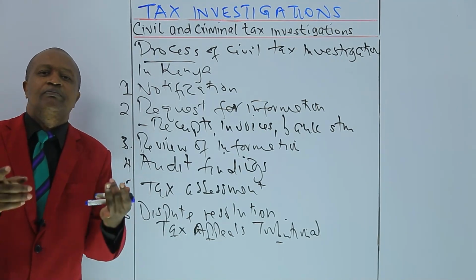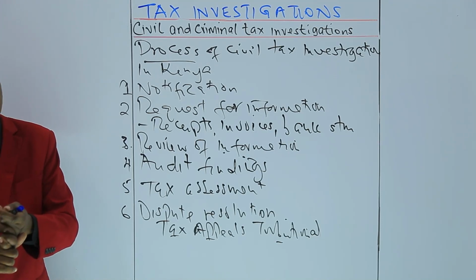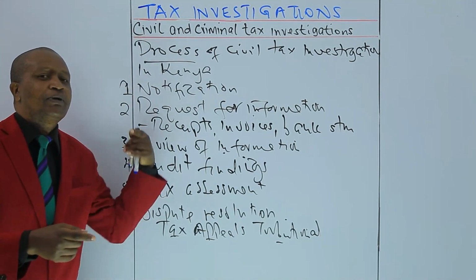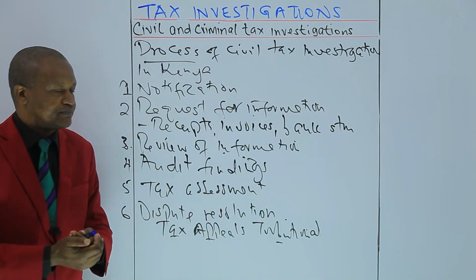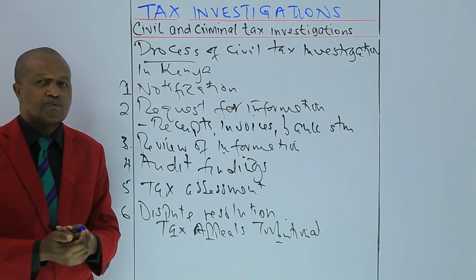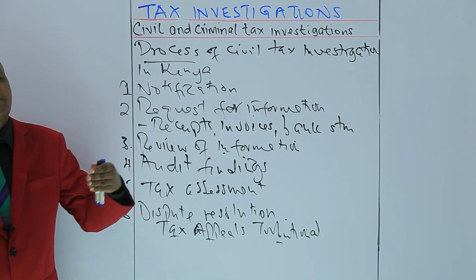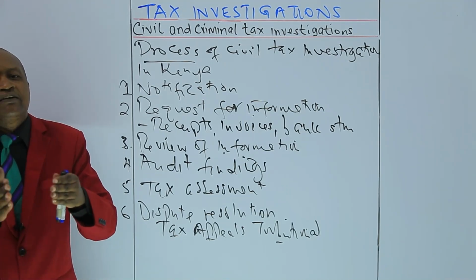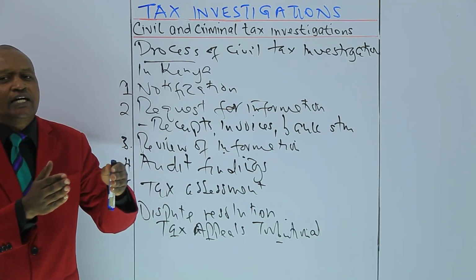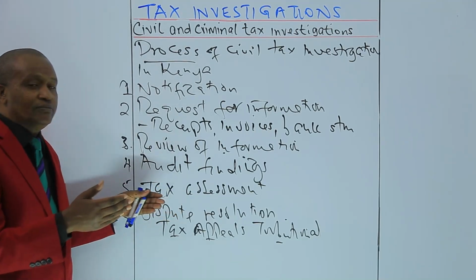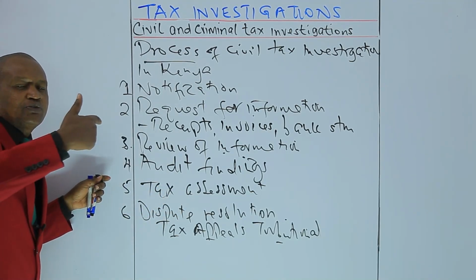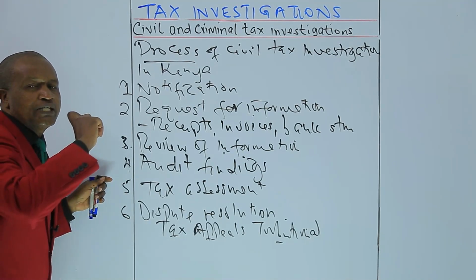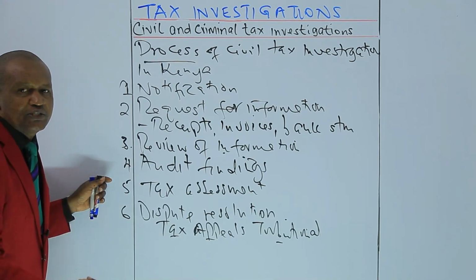And the penalties could be back taxes, where the taxpayer who owes more tax will be required to pay the back taxes plus interest and penalties. The penalty could be fraud penalties, where taxpayers have fraudulently maybe underreported their income. They may be subjected to a fraud penalty, which could be up to a certain percentage of, say, 75% of the underpayment.